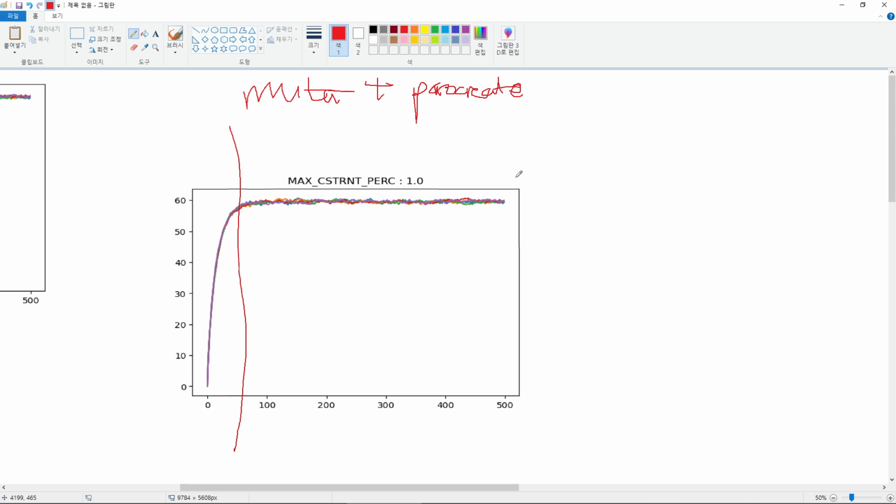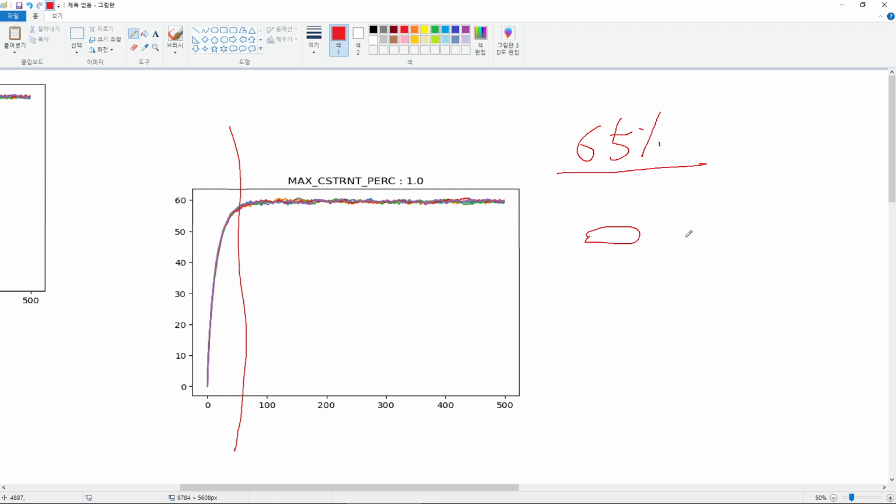But then again, if the maximum constraint percentage is probably at like 65%, what happens is that some entities will be struck out, and then new ones will be made.